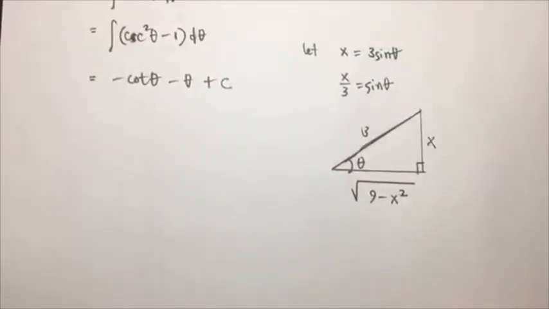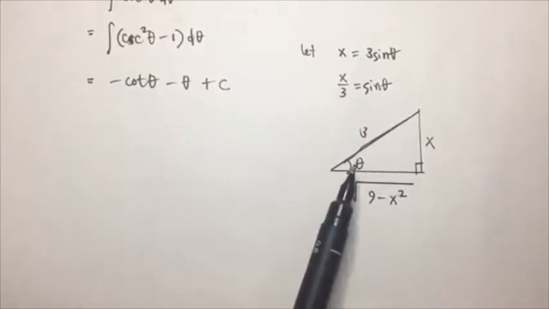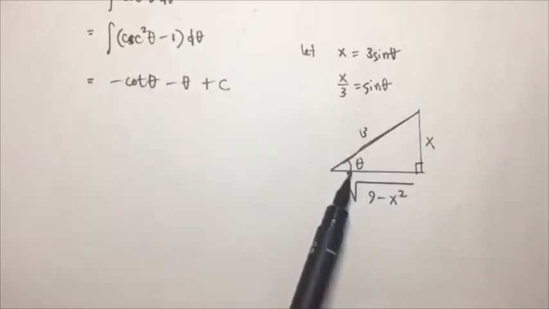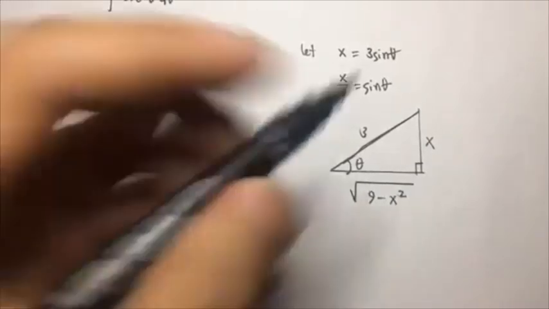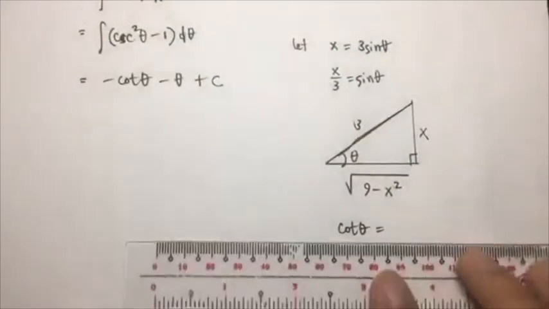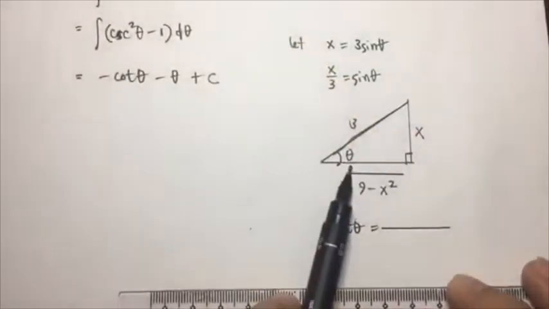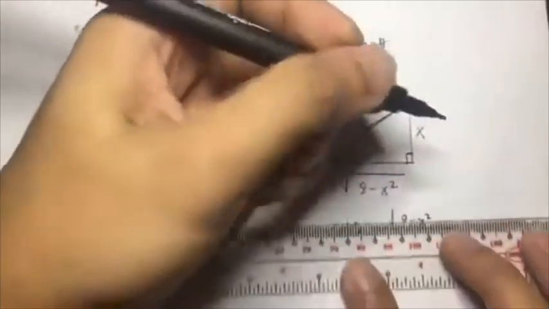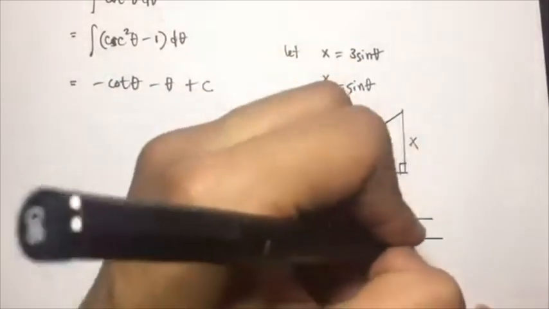From there we can derive the cotangent. Since tangent of theta is the reciprocal of cotangent, and tangent is opposite over adjacent, cotangent theta is adjacent over opposite. The adjacent side of theta is the square root of 9 minus x squared, and its opposite is x.